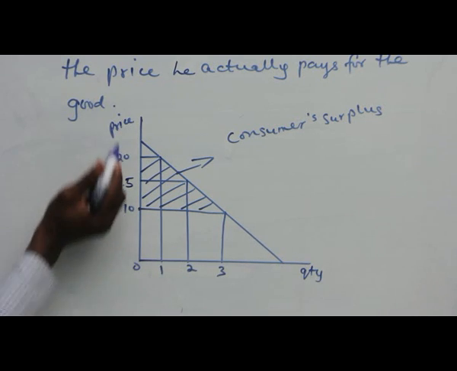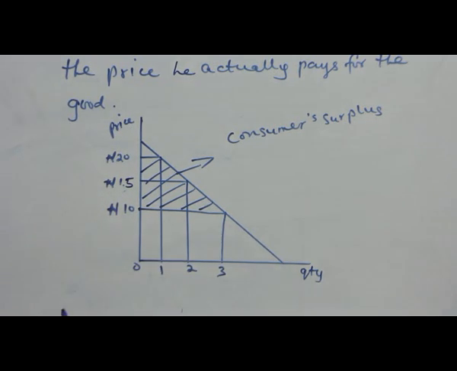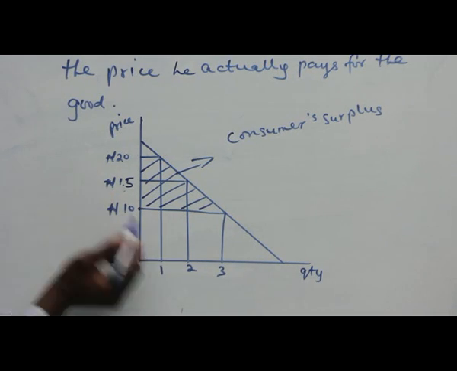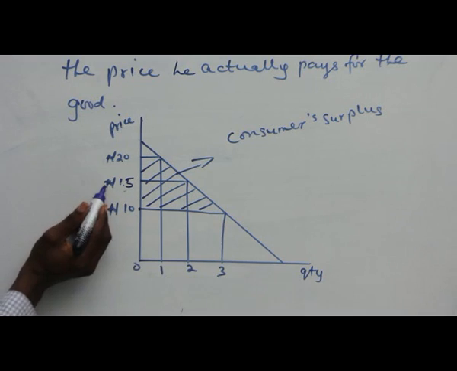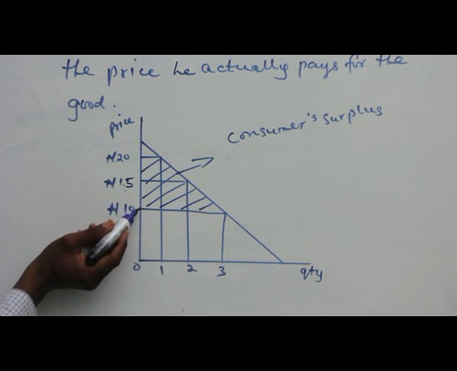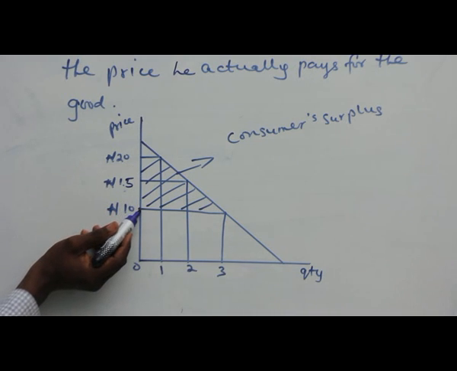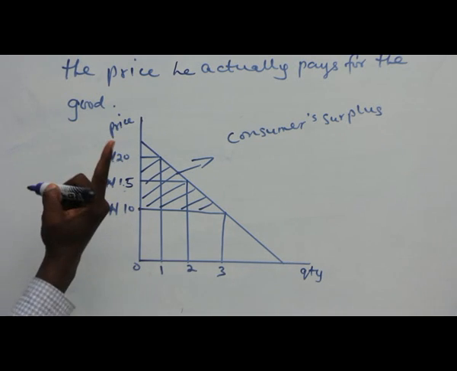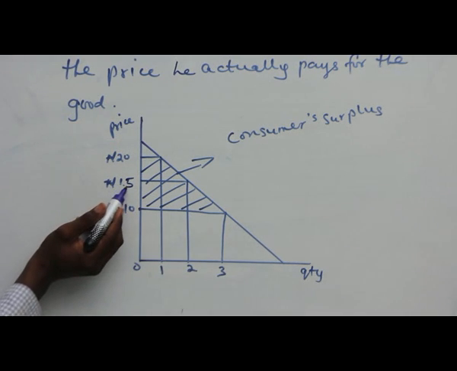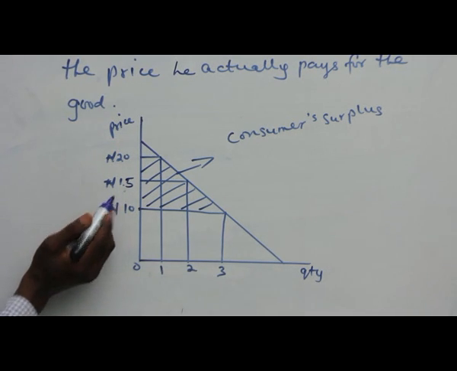So the surplus is 10 naira. Assuming the commodity is 2 quantity, where the consumer is willing to pay 15 naira per unit, right? So for 2 units, it will be 30 naira. So if the consumer is asked to pay 10 naira, then the consumer has gained an extra 5 naira on 1 unit. So it implies that for 2 units, the consumer gains 10 naira.